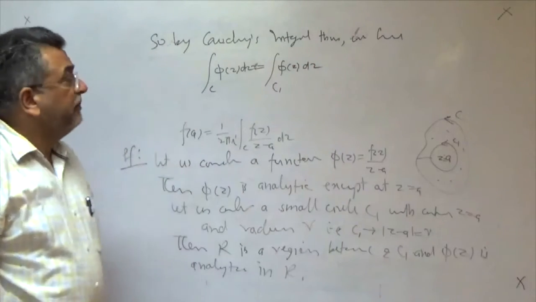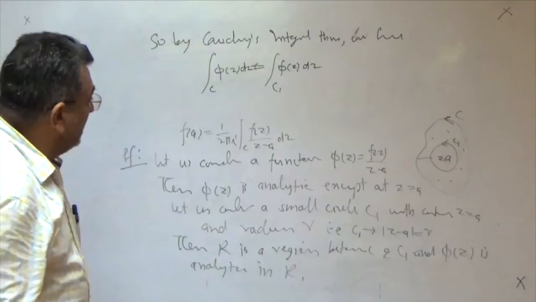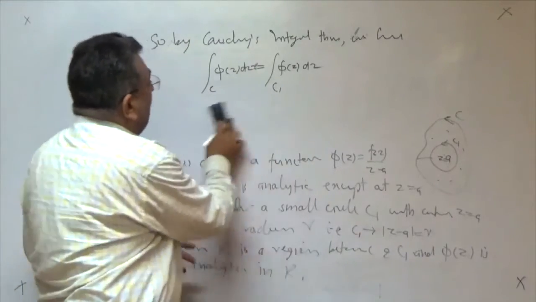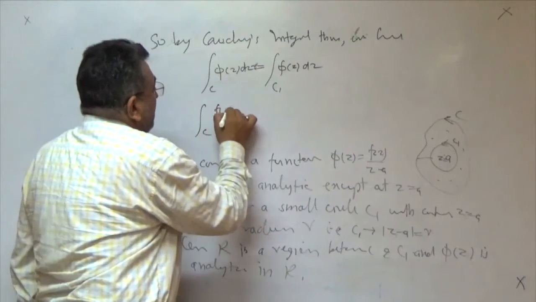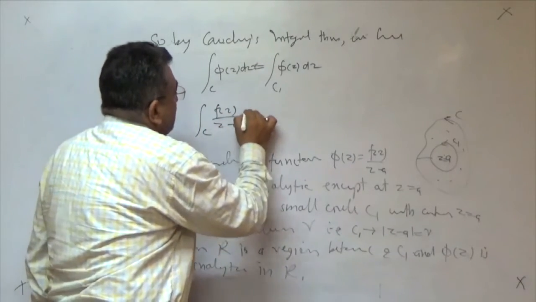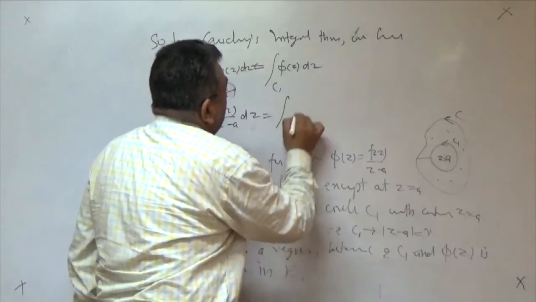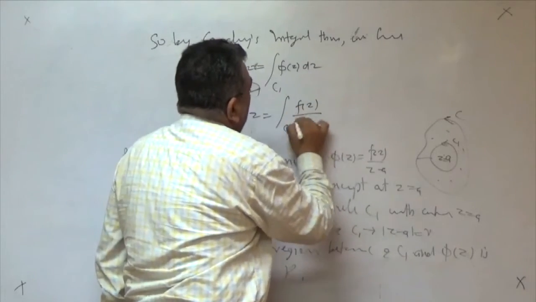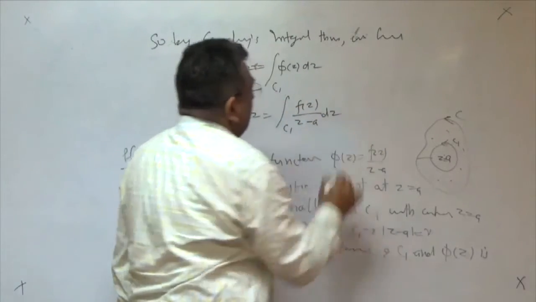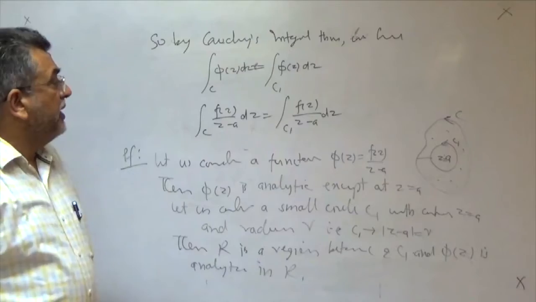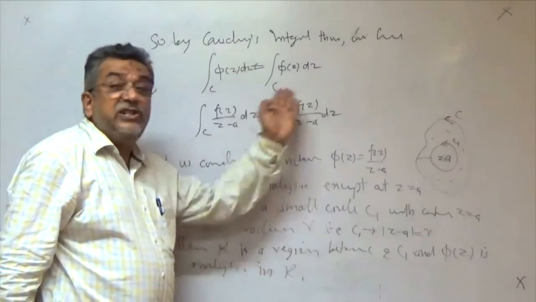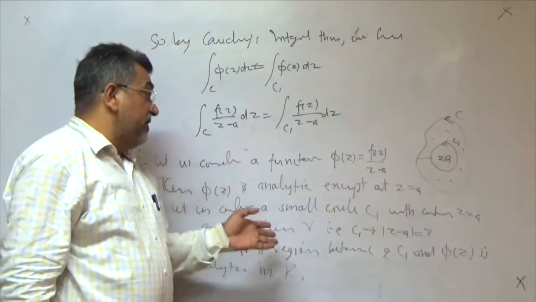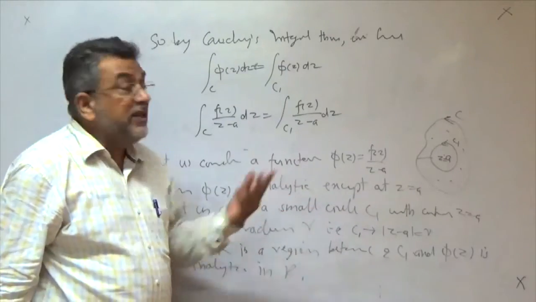Means if you substitute the value of phi(z), which we considered as f(z) upon z minus a, we get the integral over C of f(z) upon z minus a dz equal to the integral over C1 of f(z) upon z minus a dz. Now we can calculate the value of this integral, by which we can prove the given statement.